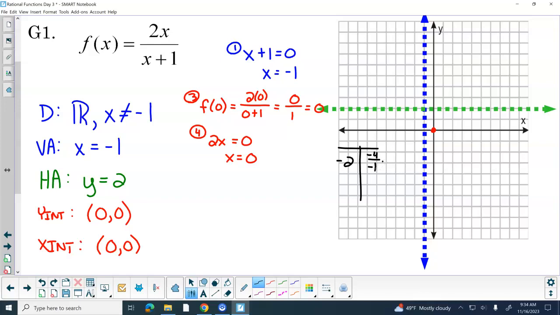So I would go through the point (-2, 4), and I would put a dot there. Then I usually like to go one more out, to -3. 2 times -3 is -6. -3 plus 1 is -2. -6 divided by -2 is +3. So that puts me right there.